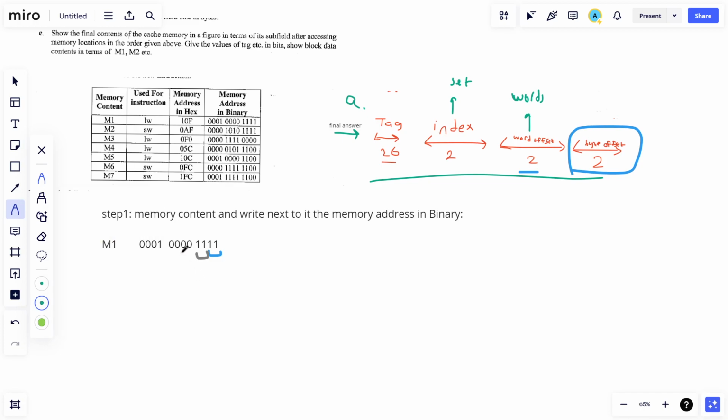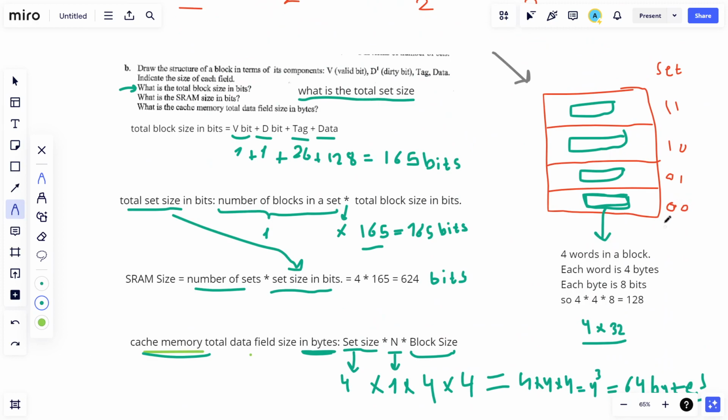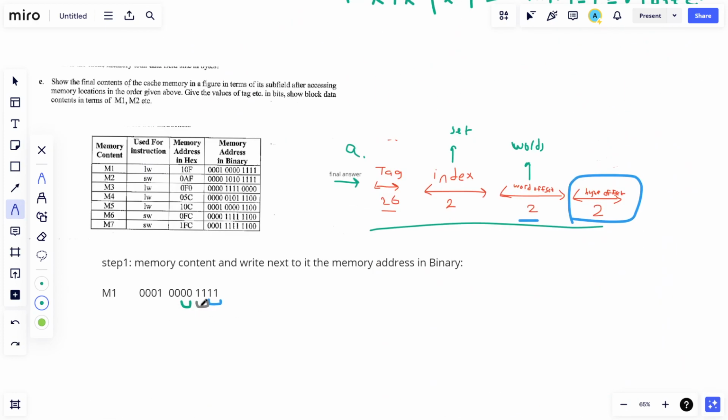It's going to be 00. So basically, the set we're using is 00 in this example. Down there, 00 is the same as this one, right? And then we got the tag, which is 26 bits, which means the rest is the tag.